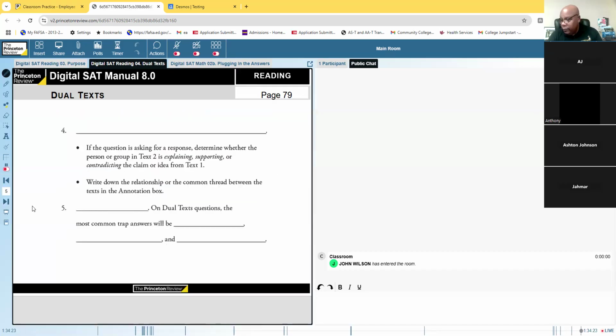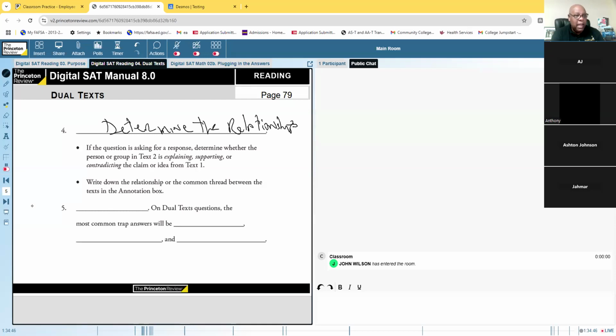Step four, if you need to, determine the relationship between the two. You have the two ideas. What's their relationship? Do they agree? Do they disagree? Or it could be something else.